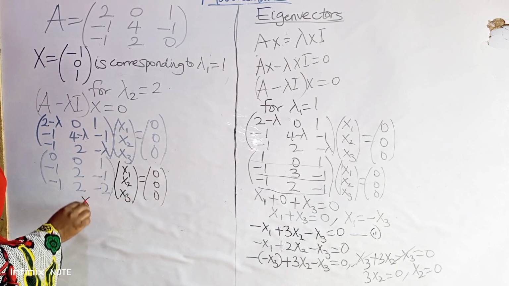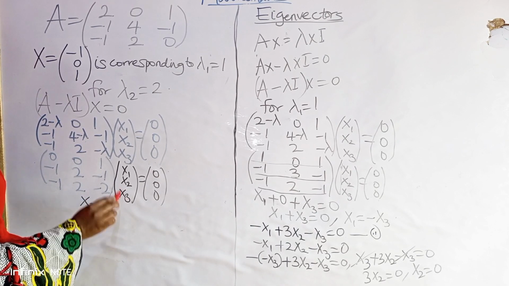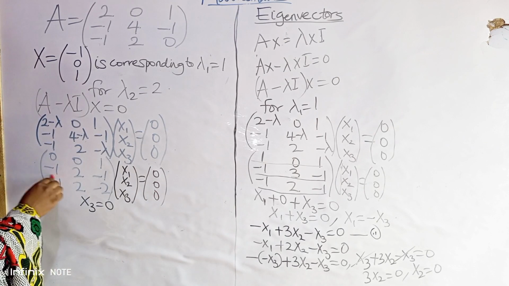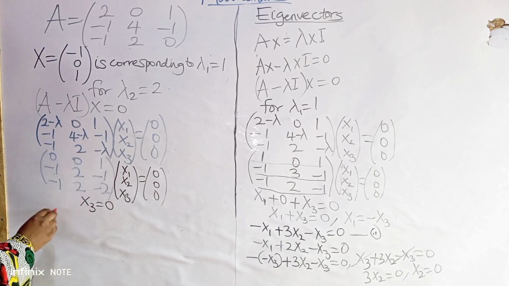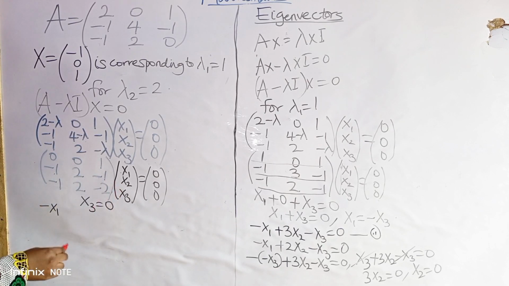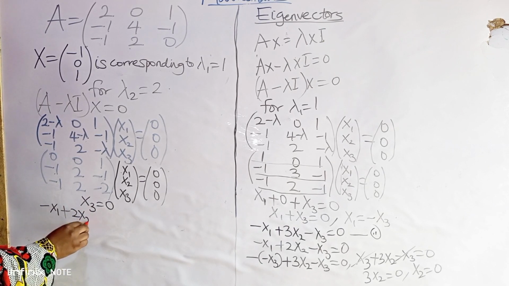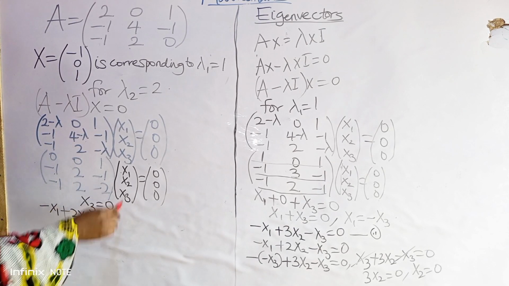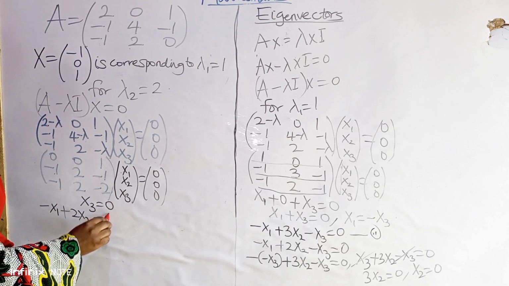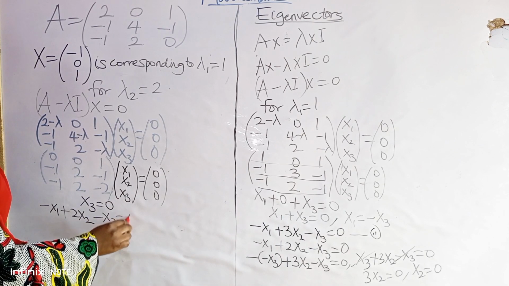So that means x3 is equal to 0. So minus 1 multiplied by x1, that is minus x1, 2 multiplied by x2, that's plus 2x2. Then minus 1 multiplied by x3, that is minus x3 is equal to 0.